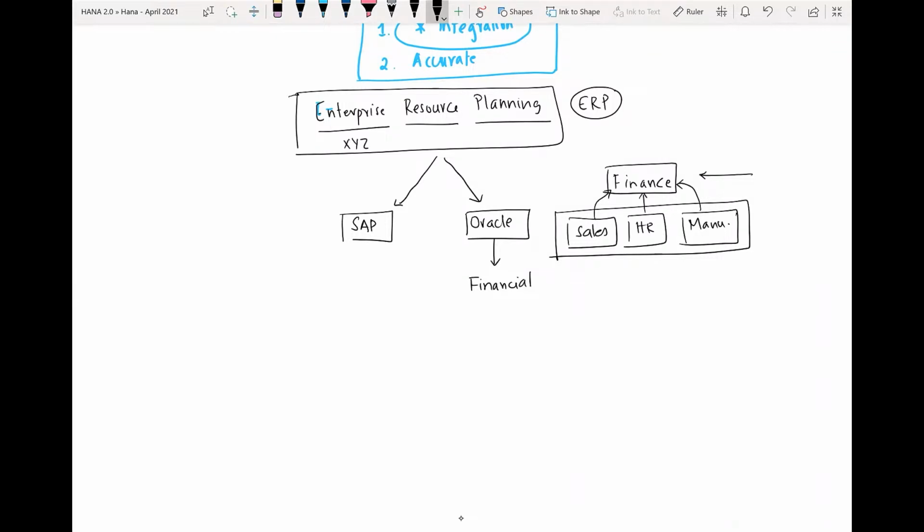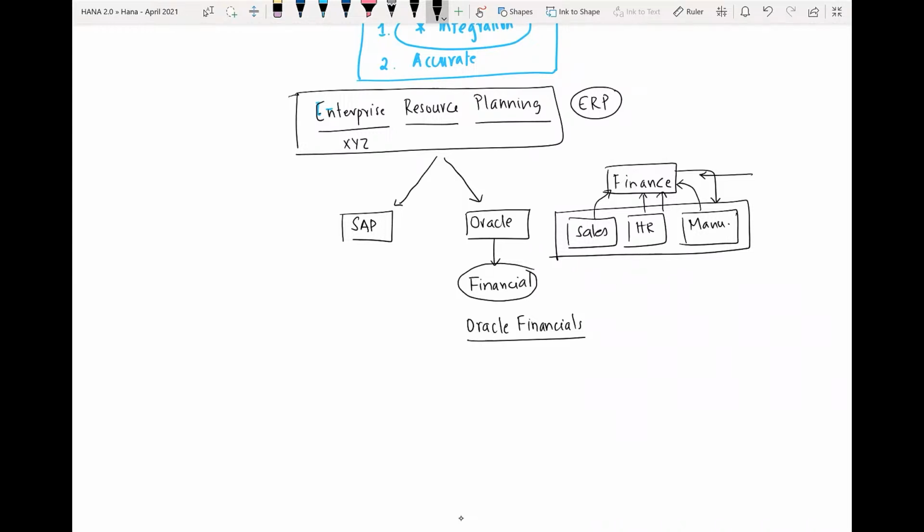They focused mainly on what is going out of my finance team and what is coming into my finance department. That was the main focus of the Oracle system. So that's why you would hear the term Oracle Financials. The ERP system created by Oracle is called Oracle Financials because they created a niche product which is mainly focused on looking at how the financial data is being managed.